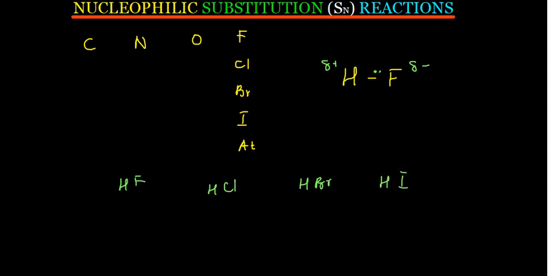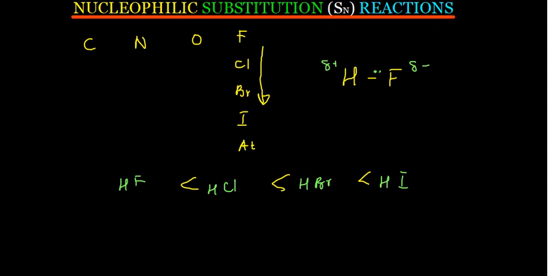So we need to know the trend, which one is going to be the strongest acid. So in this kind of reaction, the strongest acid is going to be this one here. The weakest acid is going to be hydrogen fluoride. So therefore, the strength of acid increases as you go down the group.